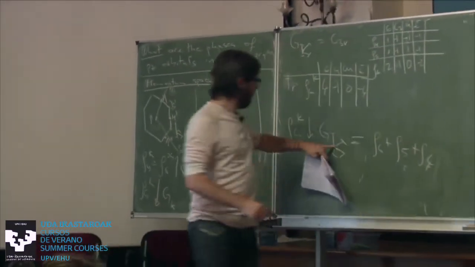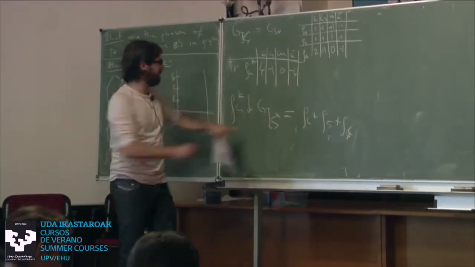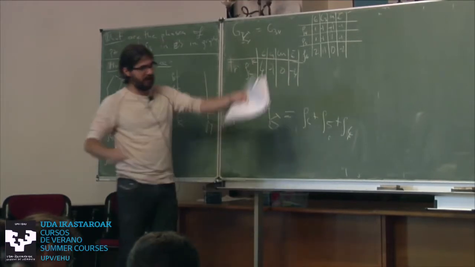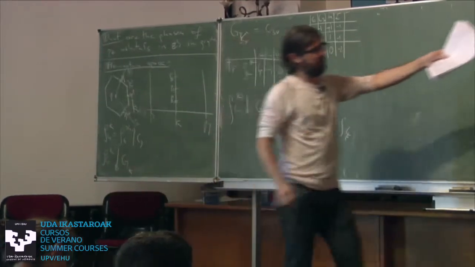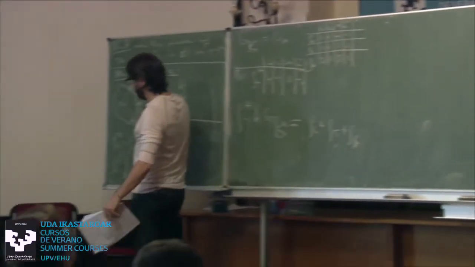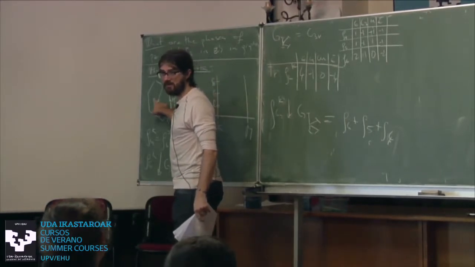By the way, when I subduce it here, I have to put the k equal to this K, in the band representation. When I go to gamma, I add the k of gamma, so 0.